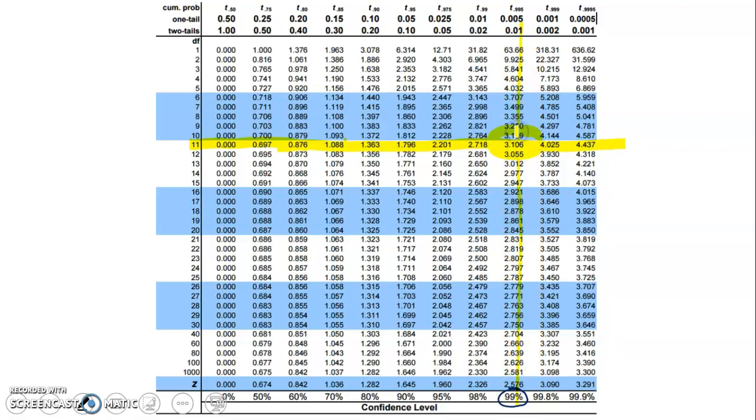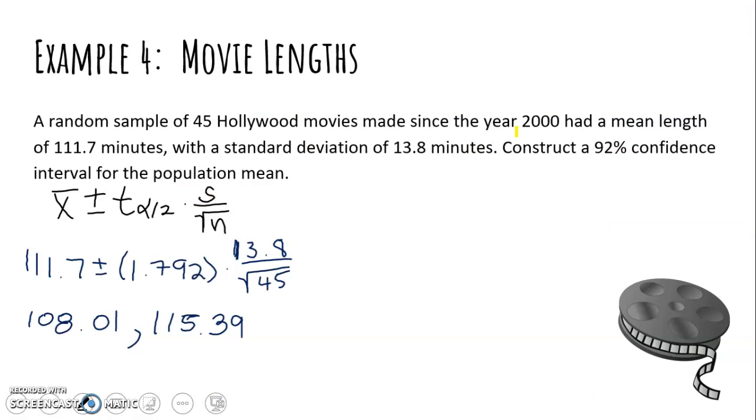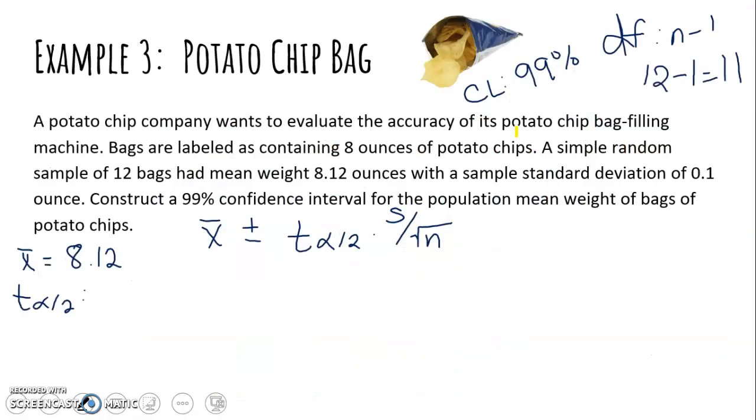It meets up at 3.106. So let's put that in here. 3.106. Then we need our S, which we saw was 0.1, and our n is 12.